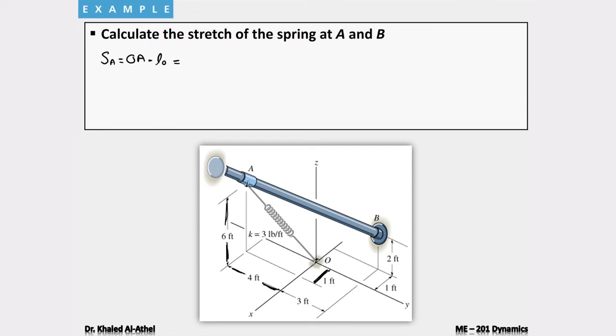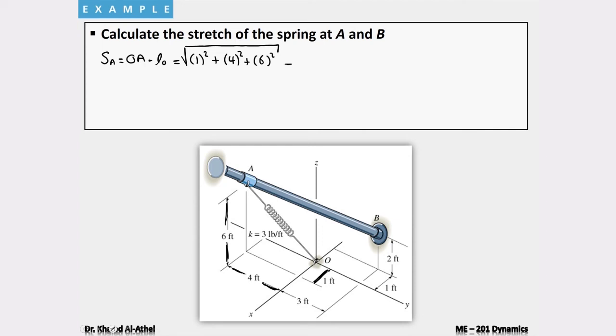So I can write this as the square root of these distances: 1 squared plus 4 squared plus 6 squared, all under the square root. So this is the distance between O and A, minus the unstretched length.